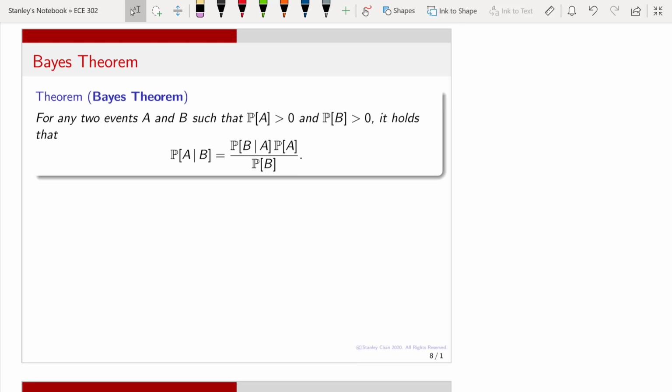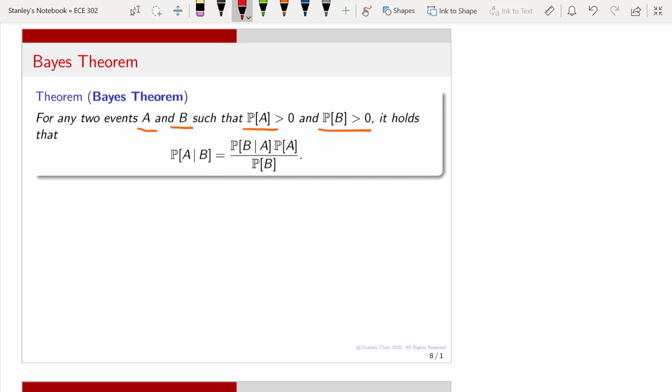The Bayes' theorem is a very powerful tool which allows you to switch the order of the conditional events. So the theorem states as follows. Consider 2 events, A and B, and also assume that they are non-empty. Then it holds that this conditional probability of A given B can be written as P of B given A times P of A, divided by P of B.